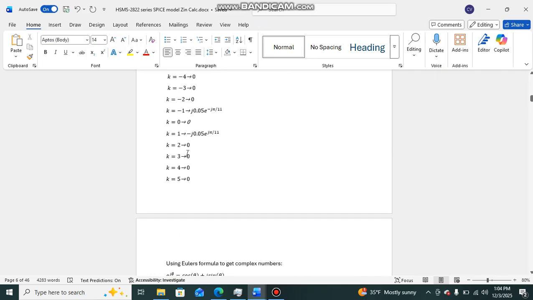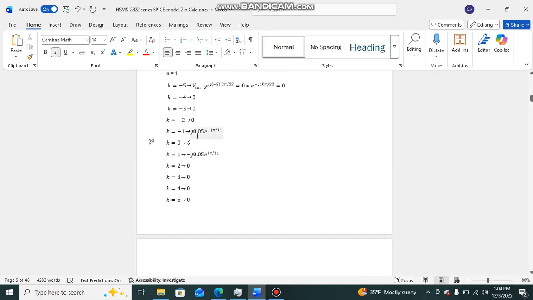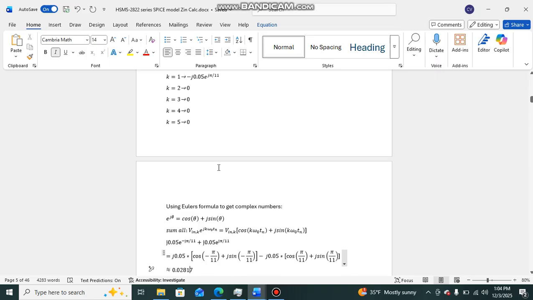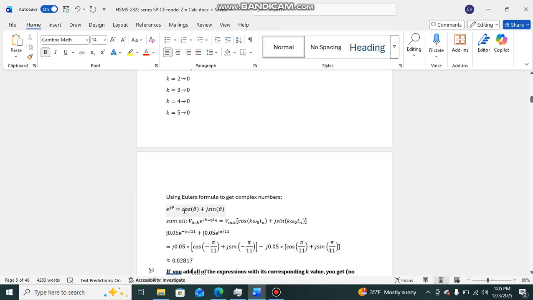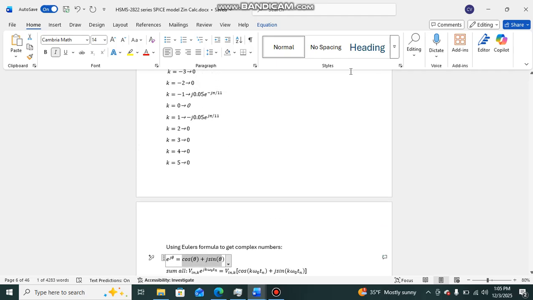So as you can see in the equation, what we found for the fundamentals has an exponential form here, and we can convert that to an imaginary number using Euler's formula. What we have up there is k equal to negative 1, so we have negative pi over 11.